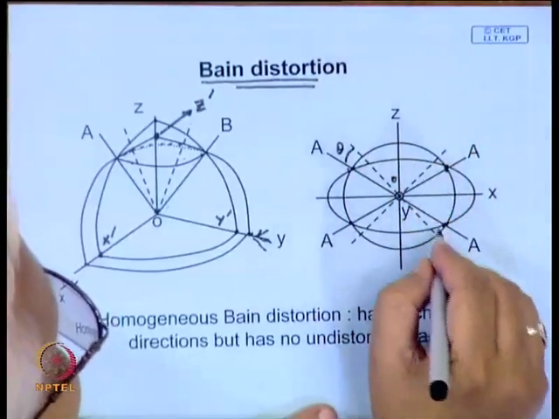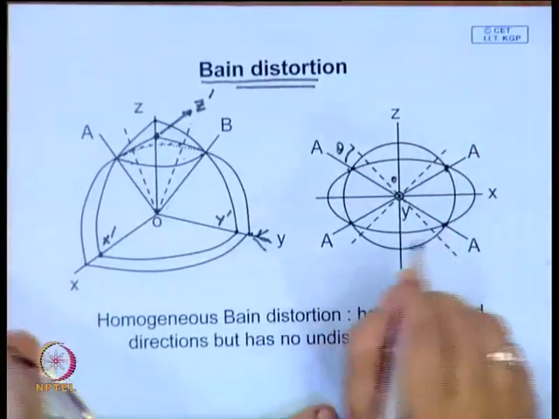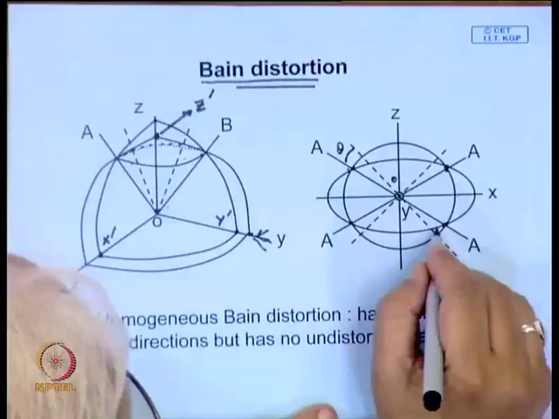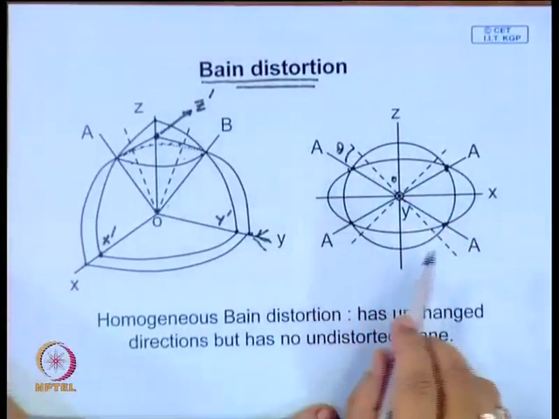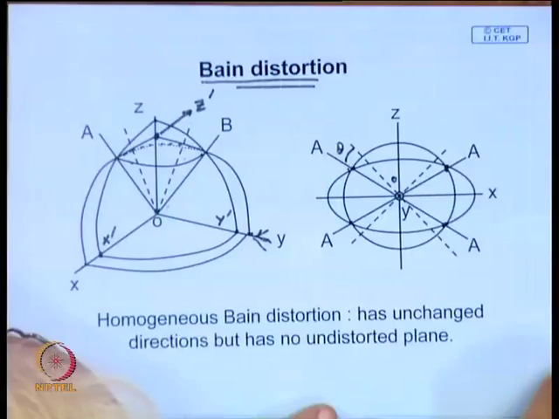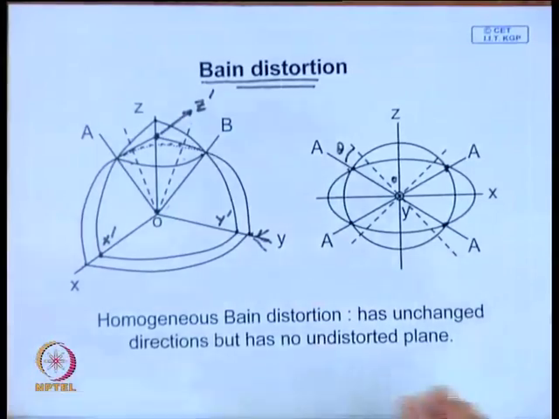So, that means you can think about an undistorted plane provided you allow certain amount of rotation in the crystal lattice. That means to accommodate Bain strain in the crystal lattice, you have to visualize some kind of rotation of a part of the crystal in the lattice.